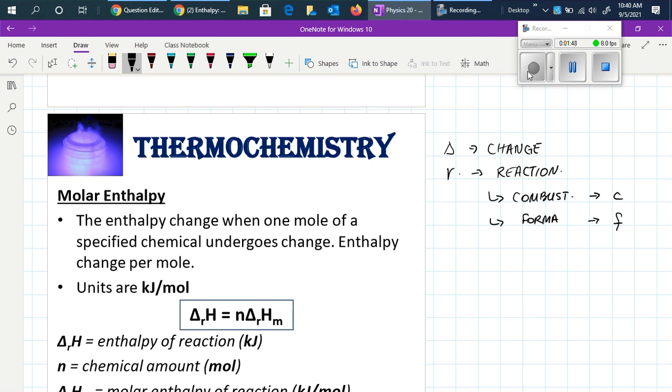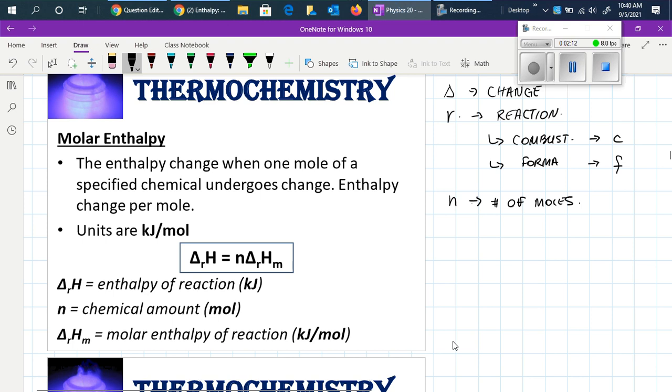N is the number of moles of that particular compound that we have, and delta R H m is the molar enthalpy of the reaction.